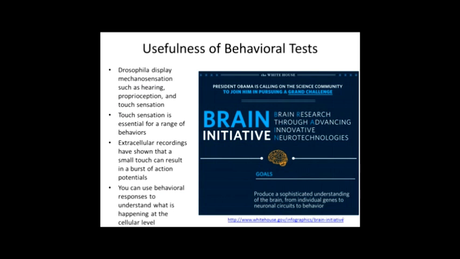So there are many reasons to investigate this area of neuroscience, and using behavioral tests is important for many reasons. Earlier this year, President Obama called for this BRAIN initiative, basically calling for all kinds of research into the inner workings of the brain, because as one of the most important organs in our body, it's still unclear exactly how everything works.